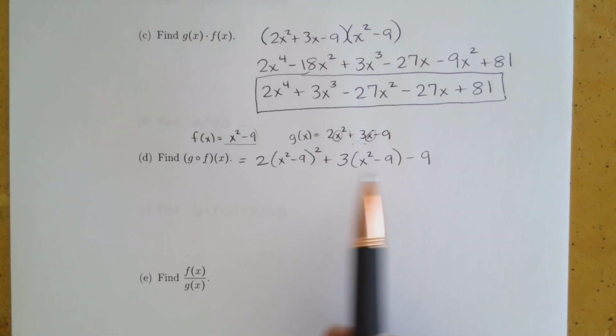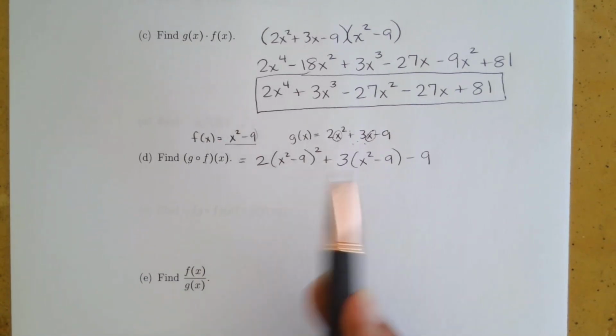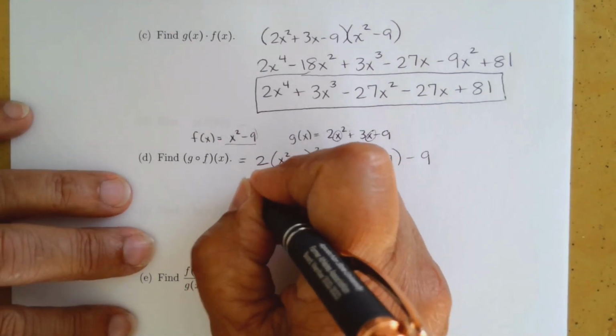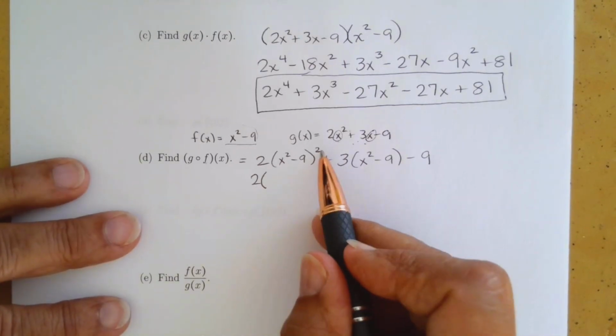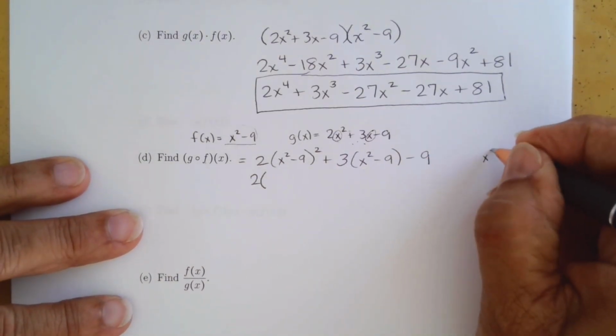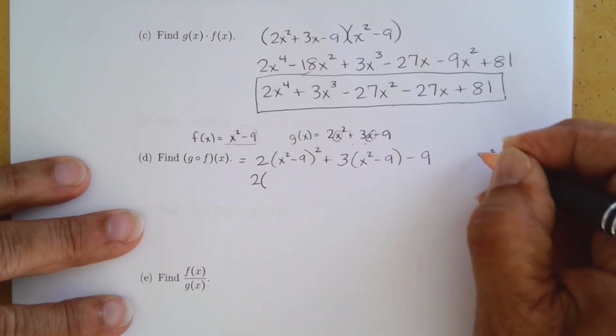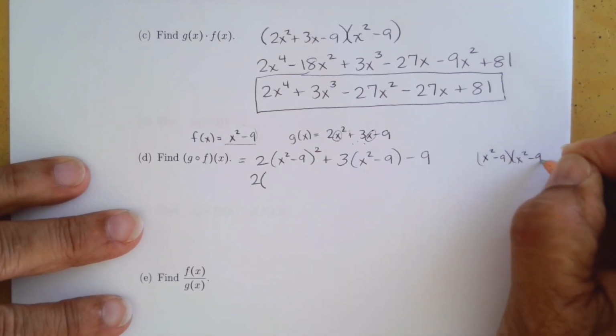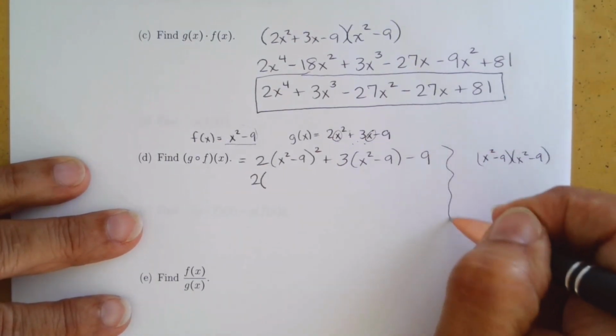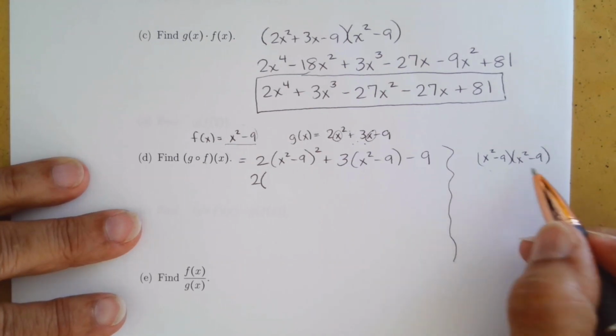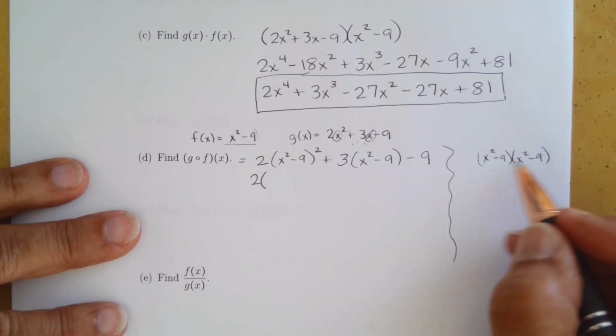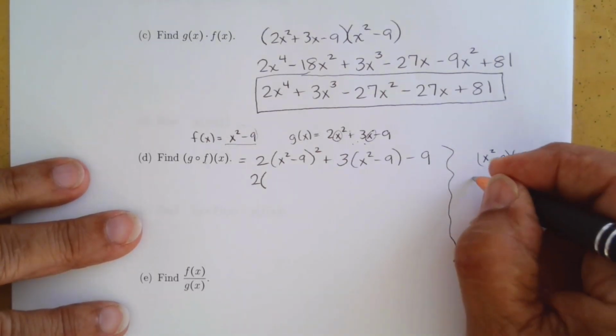All right, so we've got to do some work here. We're going to square first: x squared minus 9, squared. We did this last time, but let's look at it again. Got to use FOIL here. First: x squared times x squared, x to the 4th.